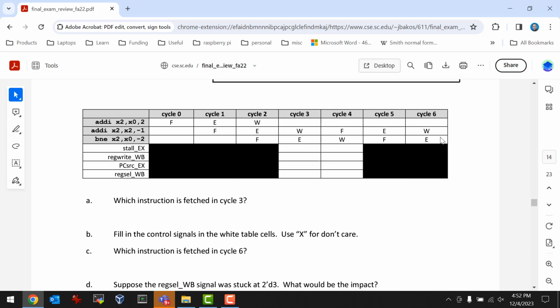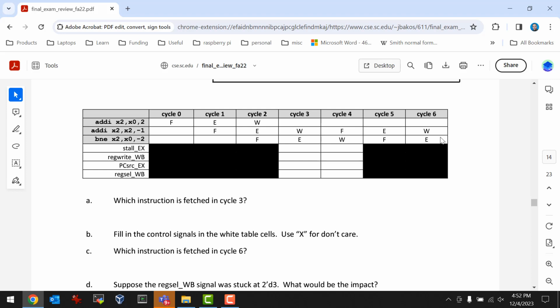So is there another way we can express this? Let's do it this way. We have addi, addi, branch if equal, right? Okay, now the branch if equal is going to go up.